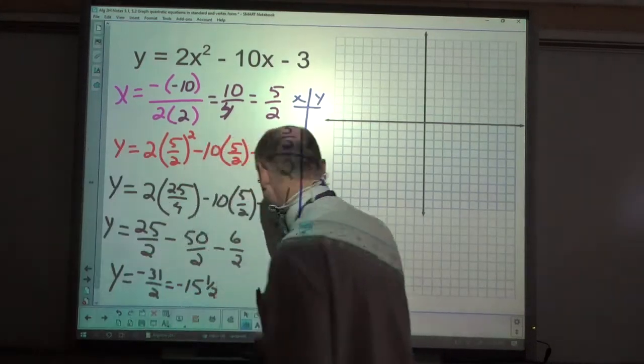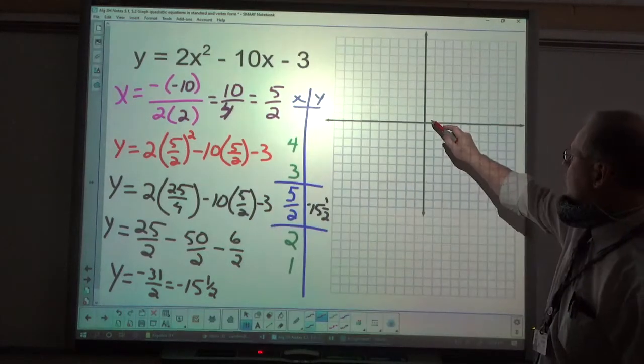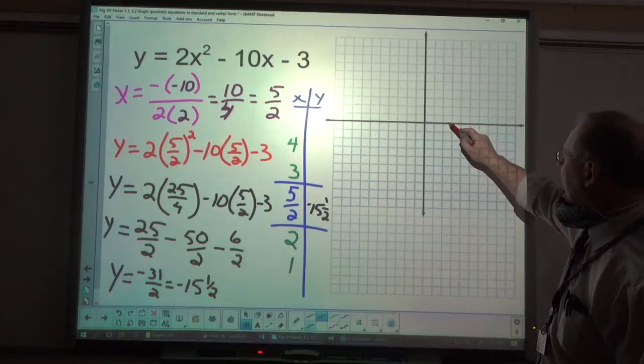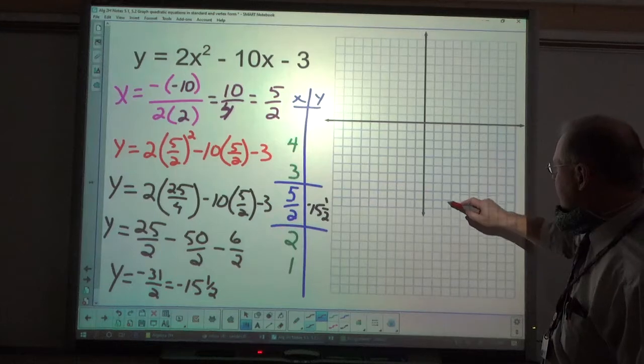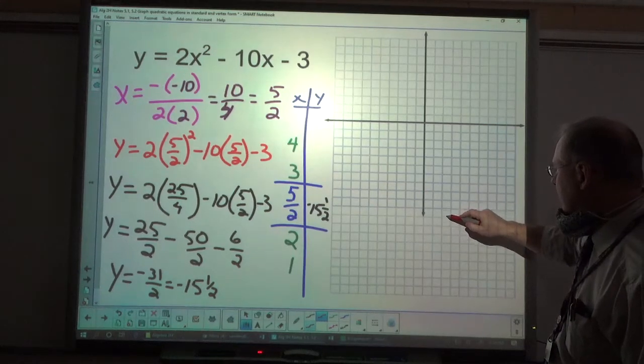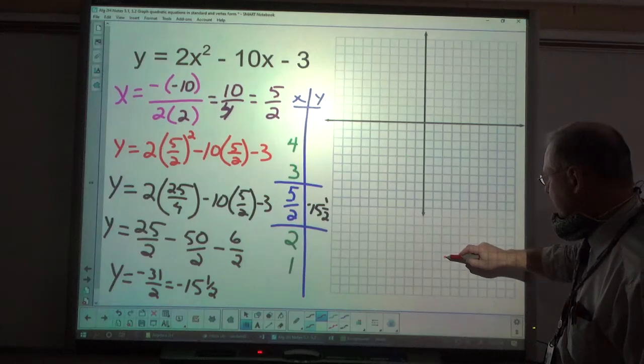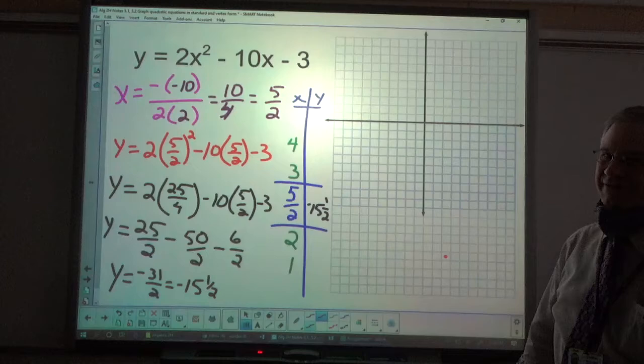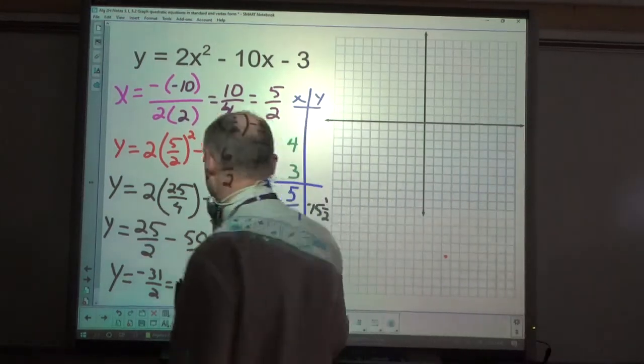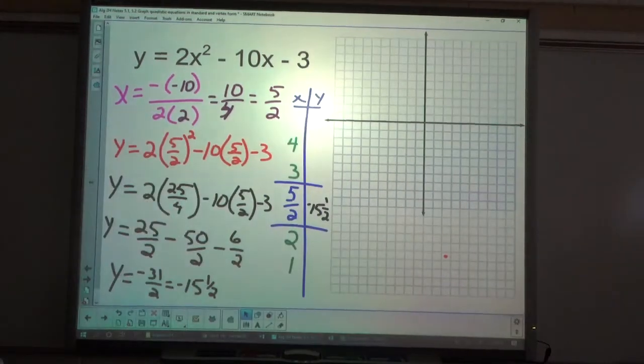So if I actually plot that, that's 2.5, and then there's 10, 11, 12, 13, 14, 15.5. See how that's right in the middle of that square? Not a very nice place, but that's the answer for the vertex there.